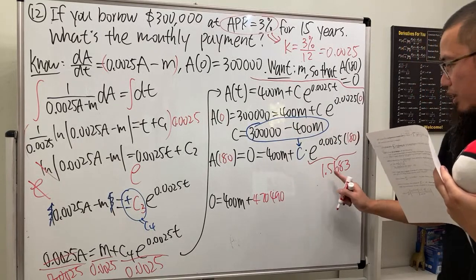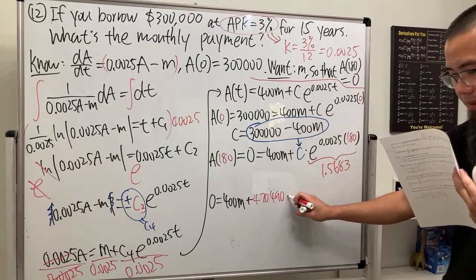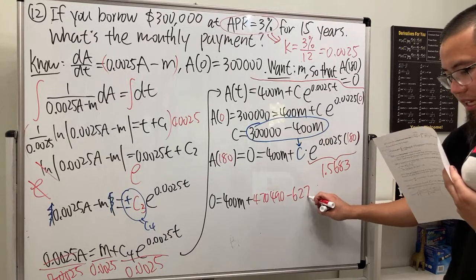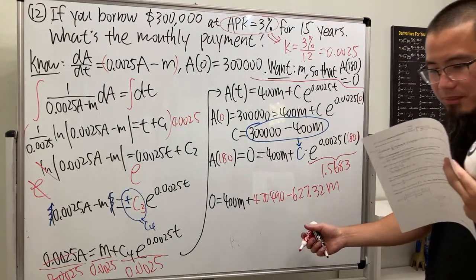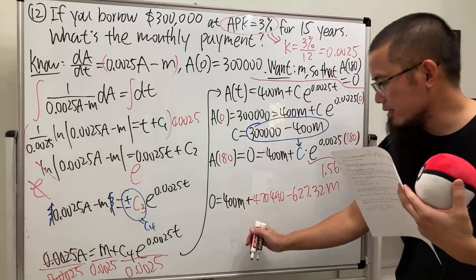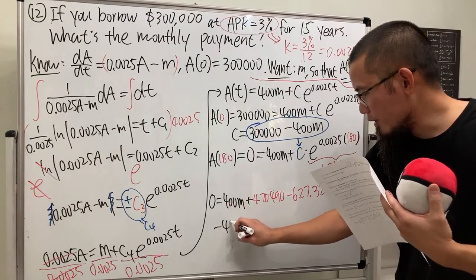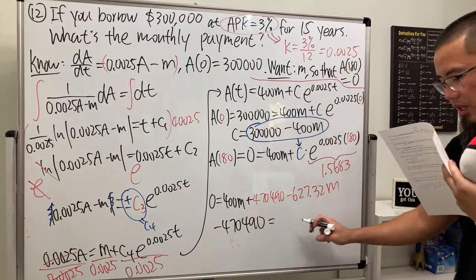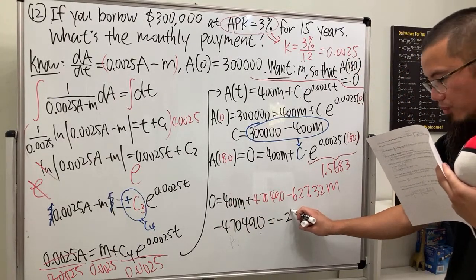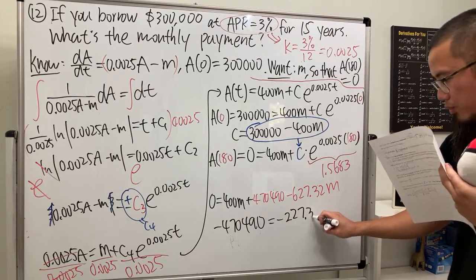470,490, and then you take this, multiply that by that, you get minus 627.32 m. Combine like terms and all the good stuff, move this to the other side, so we get negative 470,490 equals this and that together, we get negative 227.32 m.